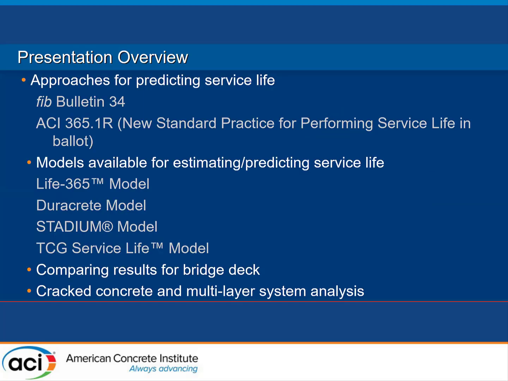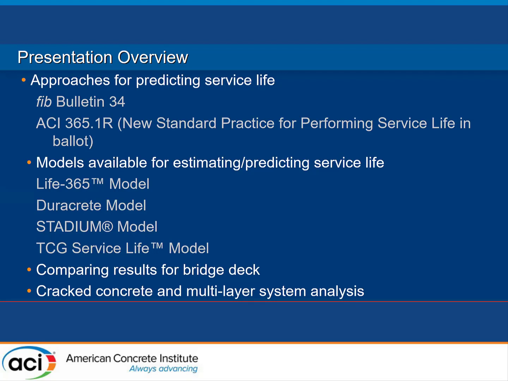What I'm going to talk about today, at least try to get through in the time span, is approaches for predicting service life. Two of them that are out there, FIB Bulletin 34 and ACI 365.1R, and the 365 committee is also working on another standard for designers.